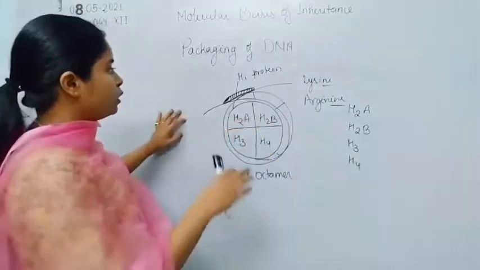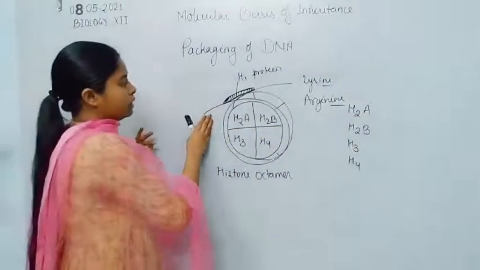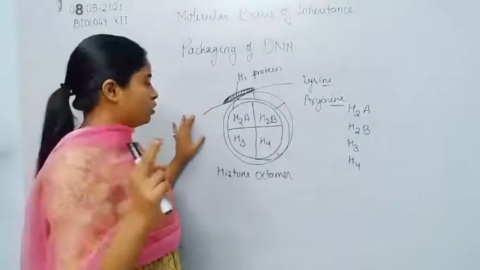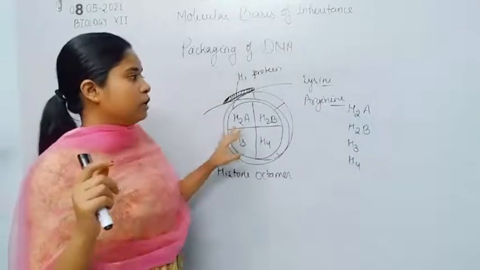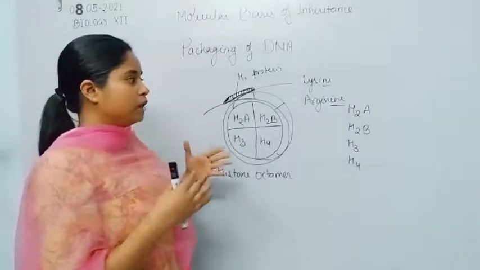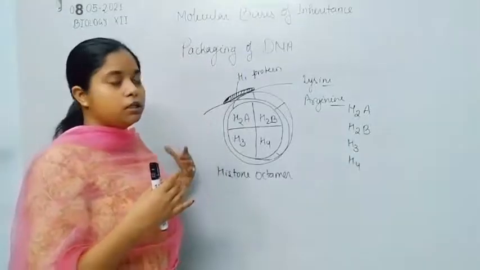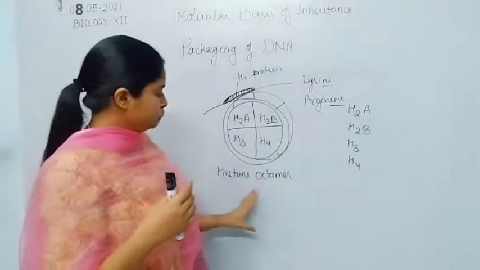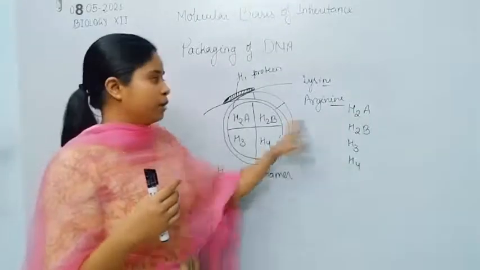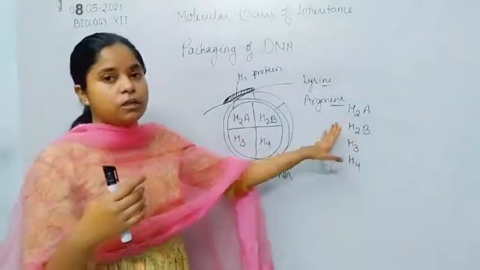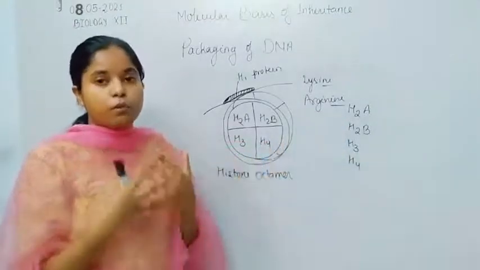In the structure of DNA, the phosphate group has a negative charge, so the DNA molecule is negatively charged. While the histone octamer, because of the arginine and lysine in its polypeptide chain, shows more positivity.